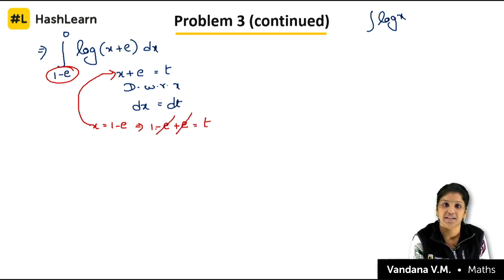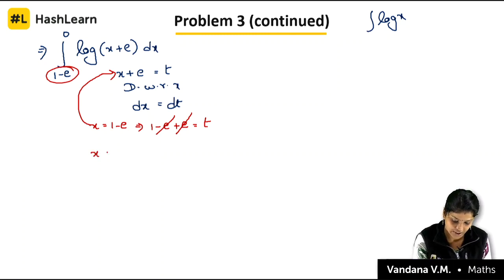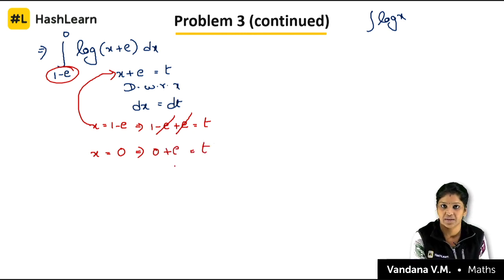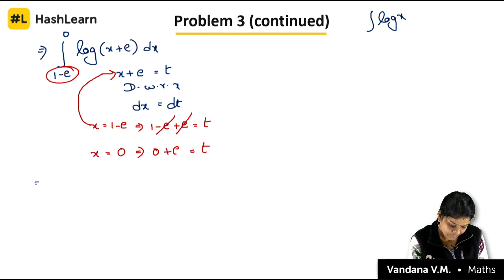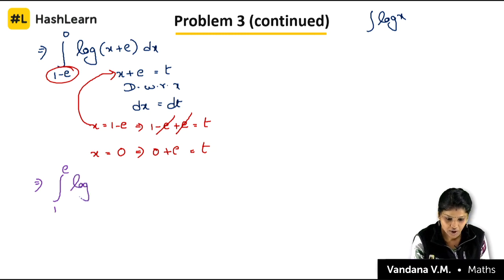Plus e minus e cancel, so the lower limit becomes 1. Now put x is equal to 0: 0 plus e is equal to t, so the upper limit is e. The question converts to the integral from 1 to e of log t dt.